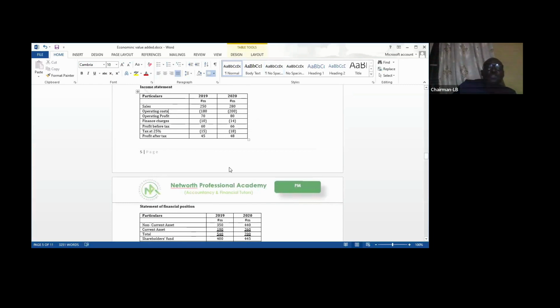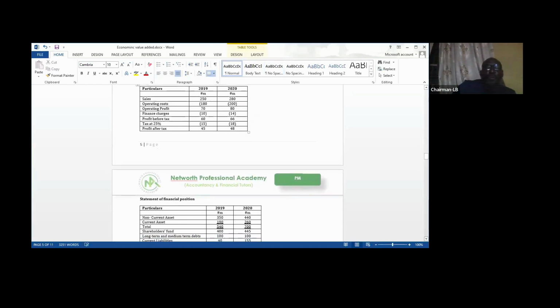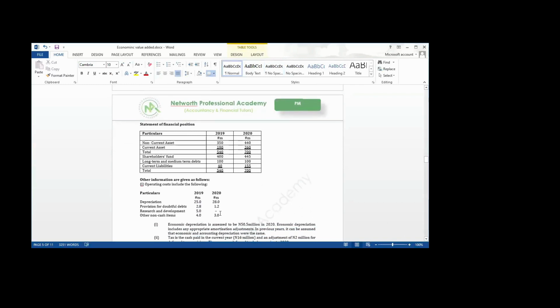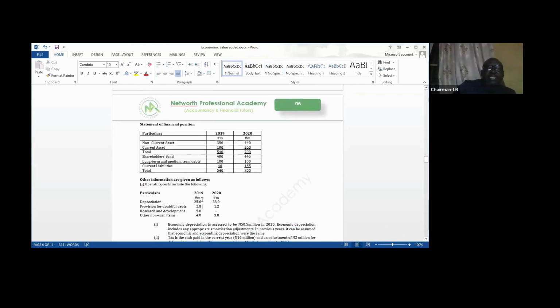These operating costs include the following: depreciation in 2019, depreciation in 2020, provision in 2019, provision in 2020. We have research costs. The research cost was included in 2019 operating costs, but not in 2020.